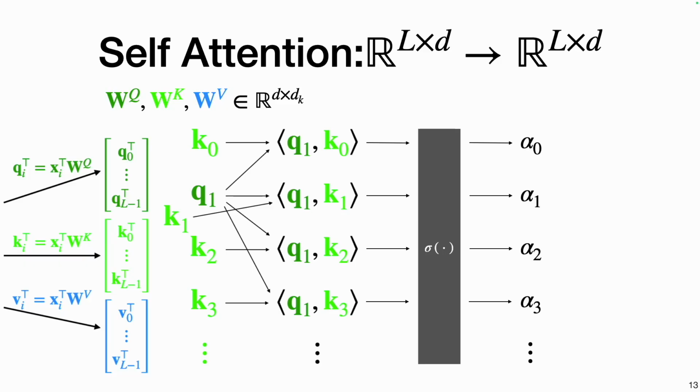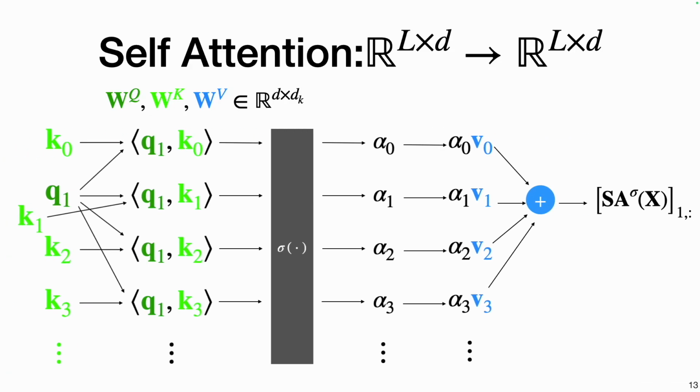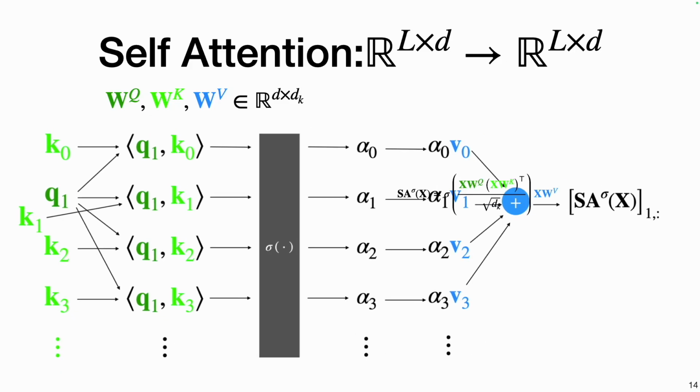People generally use a row-wise softmax operation here, but we'll come to that. And you get another L-dimensional vector. Later, each of these entries is multiplied by the corresponding value vector, and summing them, you get the output corresponding to the first entity. And you do the same thing for all entities in the input.